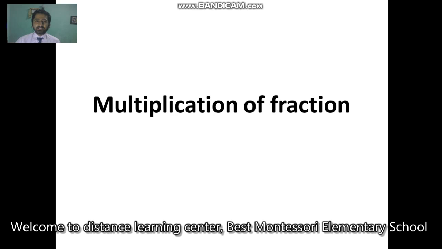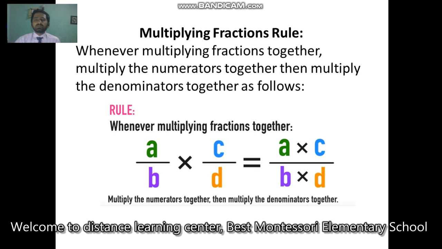Now let's get started. Whenever we have to multiply fractions, we multiply the numerators together, and we multiply the denominators together, and write the answer.